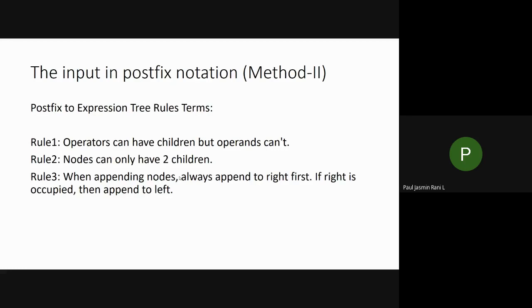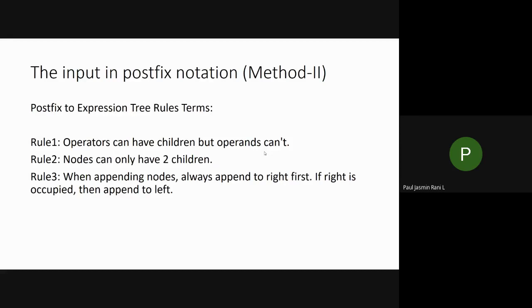These are the three rules you have to follow in order to construct your expression tree. What is the first rule? Operators can have children, but operands cannot, obviously. In any expression tree, whenever you see an operand, it should be placed on a leaf node.